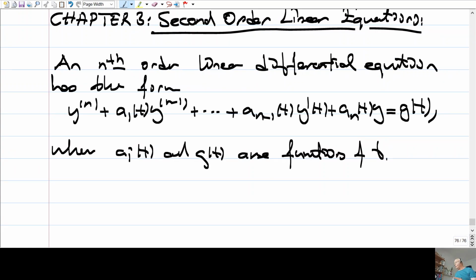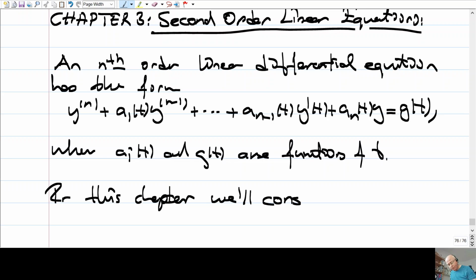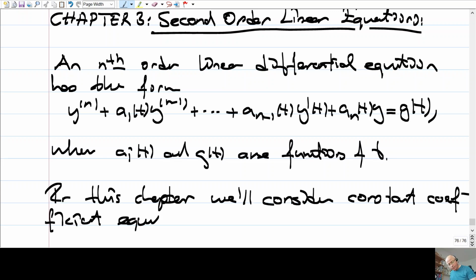In this chapter, we will consider only constant coefficient equations, so that all these a_i's are just constants.